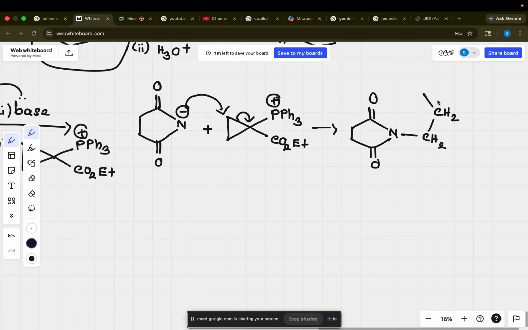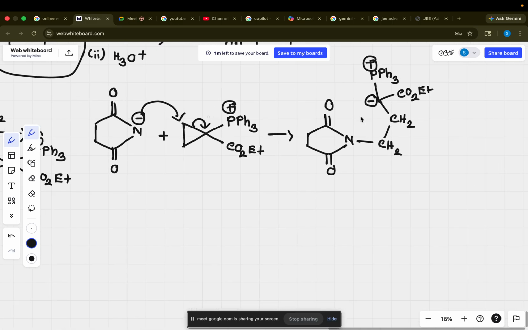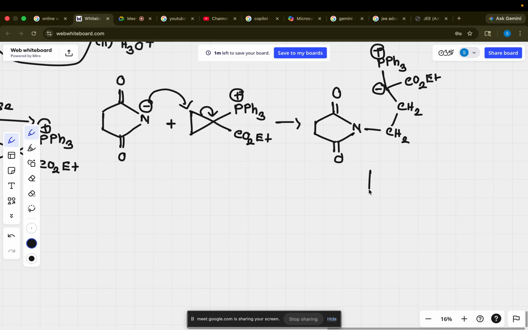Here I have CO2Et, this side you have PPh3 plus, and see this bond breaks to here, so the electrons are coming to this center adjacent to your PPh3. So adjacent to PPh3 you will get a negative charge. Now what can happen, this negative charge will attack on the carbonyl carbon, this bond will break. This is your intramolecular reaction type.